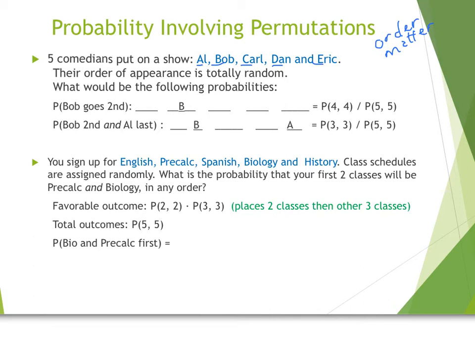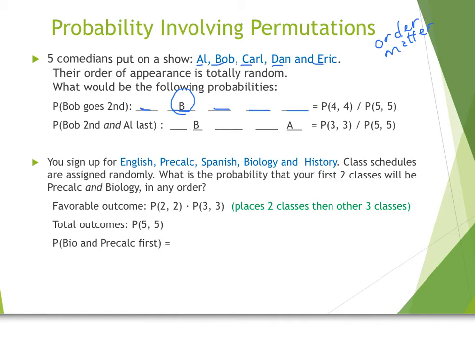So what is the probability that Bob is going to go second? So the way you look at this, we have 5 different comedians, so we have 5 different positions that they could fill. We know that success means Bob is in the second place. So we're going to fill that second place already. We know that Bob is going to be there, and that's just set because that's what success means to us. So what's left is we have 4 people that we can place.